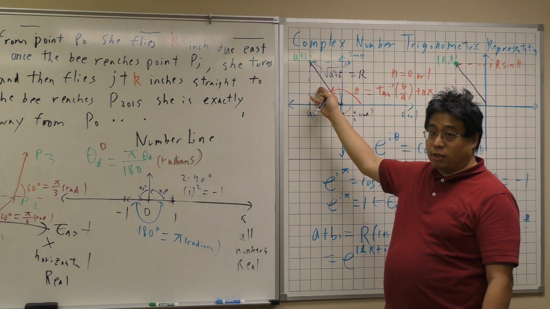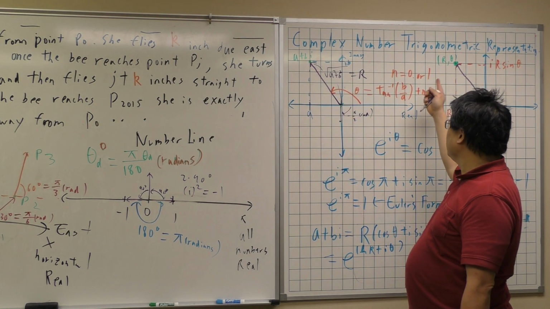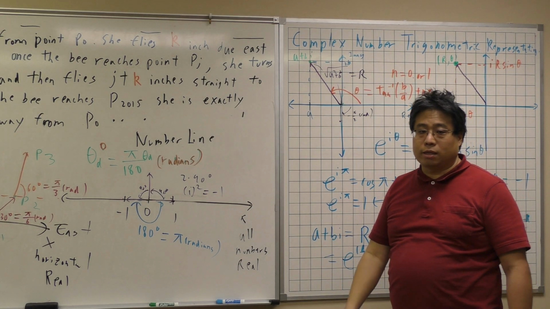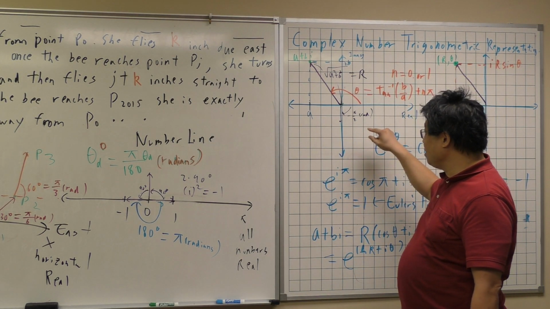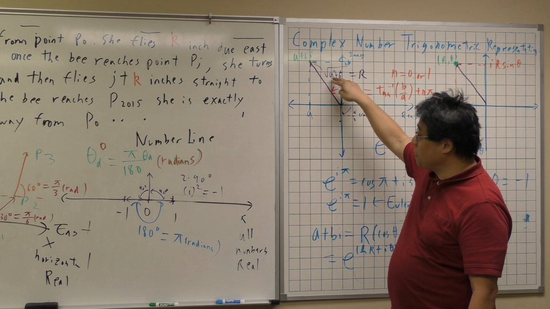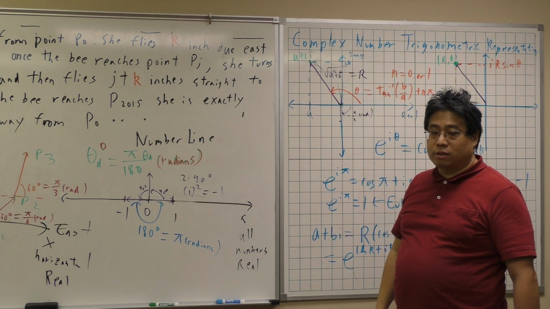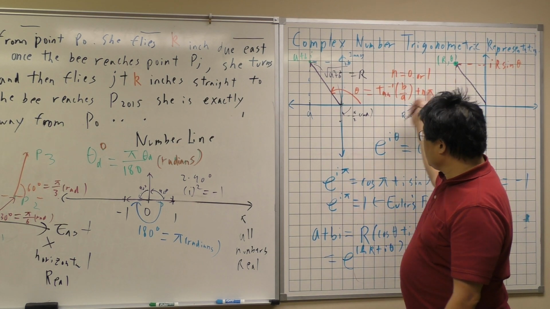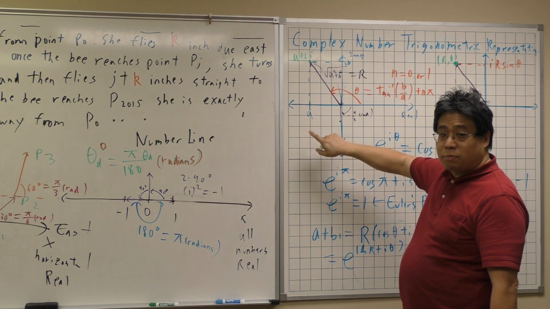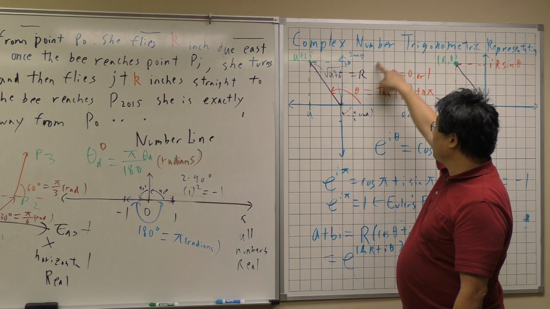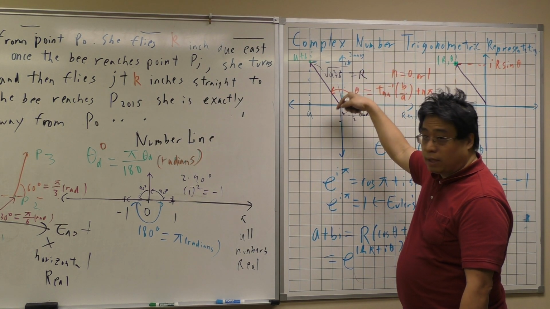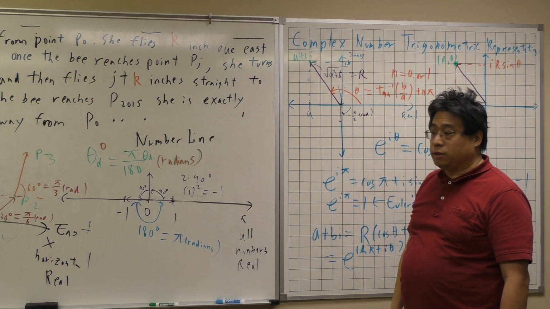But if it's in the second quadrant, we have to add pi, or subtract pi, whichever is easier. Usually adding pi would be easier because you have a number that's negative, and by adding pi, you have a number that's positive. And similarly, if you happen to have a complex number pointing to the third quadrant, then take the inverse tangent, that'll give you an angle in the first quadrant, add pi, and you'll get the angle you need.